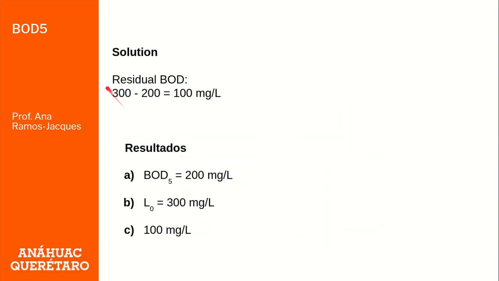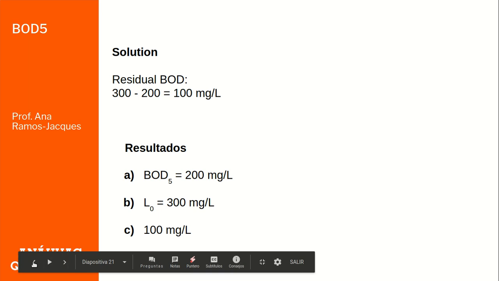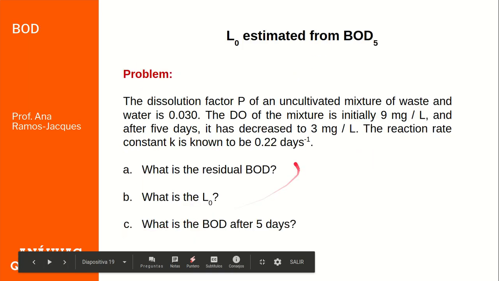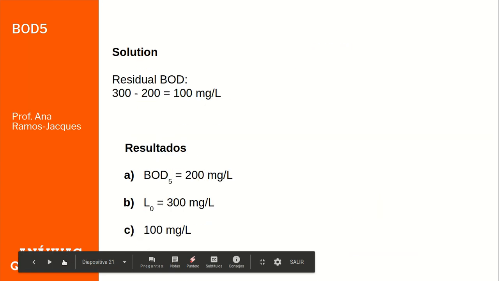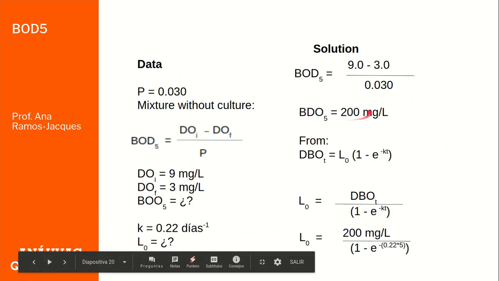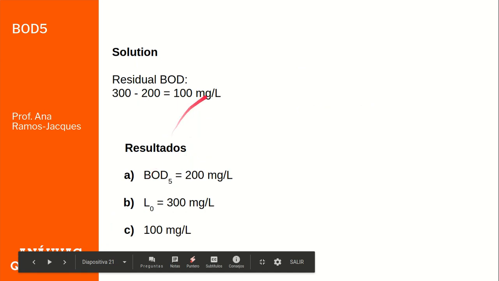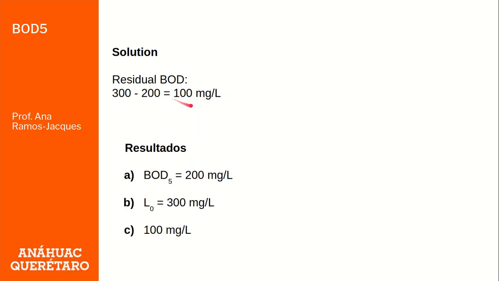and we have the residual BOD would be, we had in the as the initial value 300 minus 200 that we obtain here by the BOD, and then this is equal to 100 milligrams per liter.